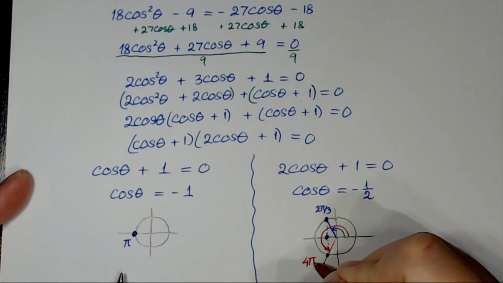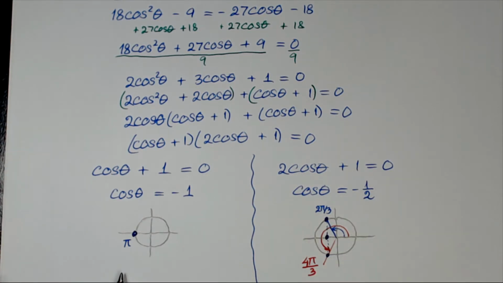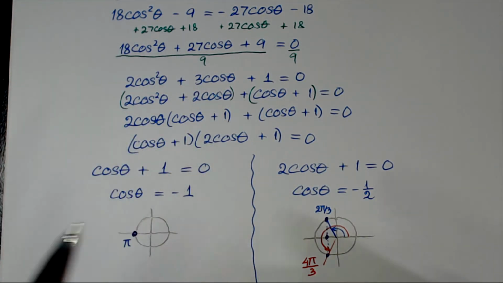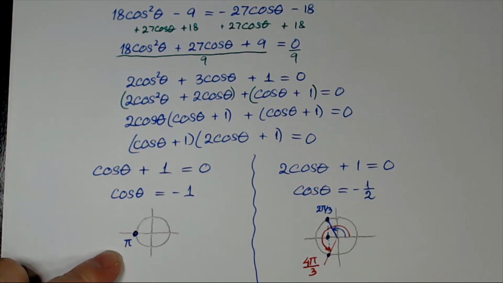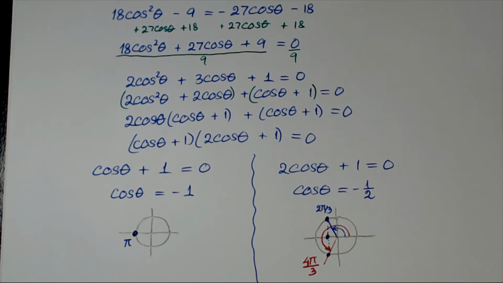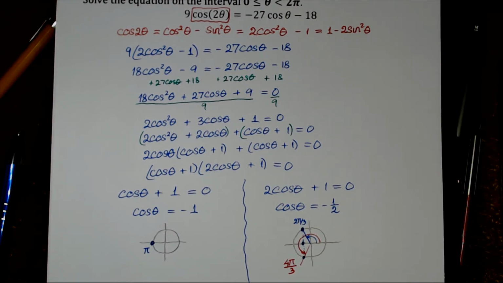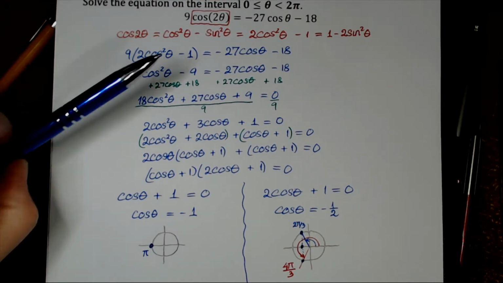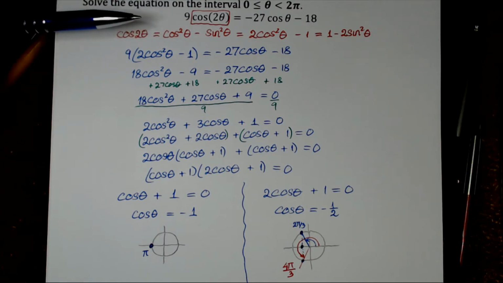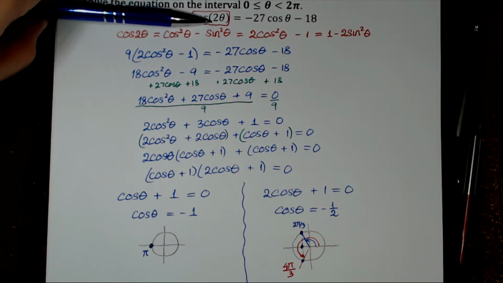And this is a quadratic equation, or in the form of a quadratic form. So we can factor. I just split this into 2 cosine theta and factor by grouping.